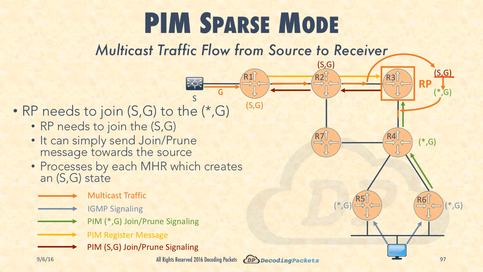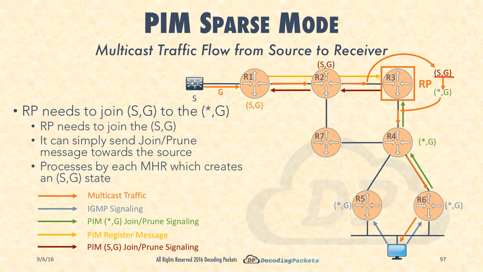If you send them down the OIL, R4 is going to receive it on the IIF, send it down on its OIL, which is towards R6. R6 is going to receive it on the IIF and send it down to the receiver. So now you can see we have actually accomplished our mission. The multicast traffic is flowing from the source to the receiver.